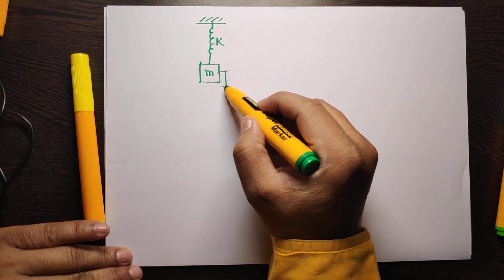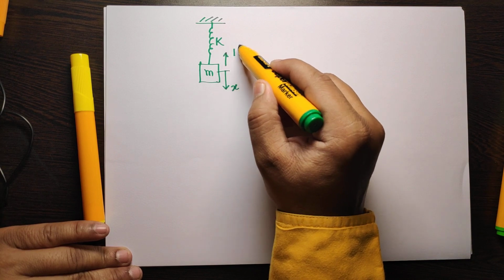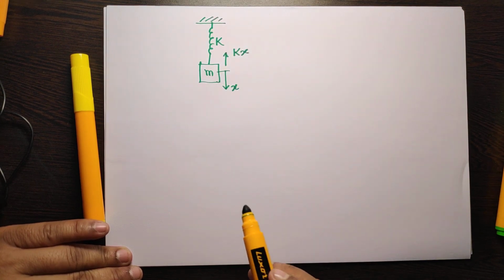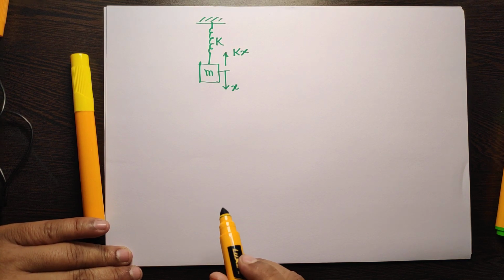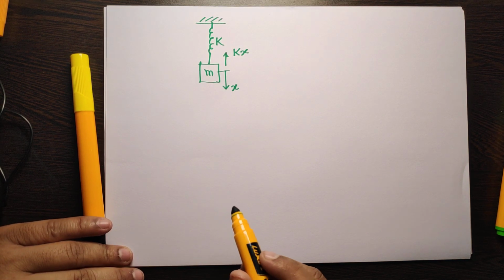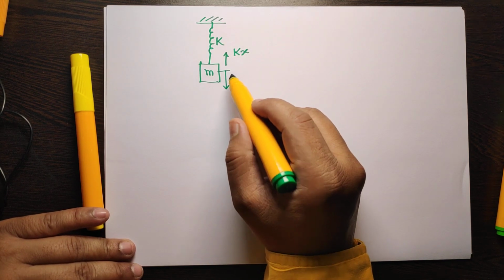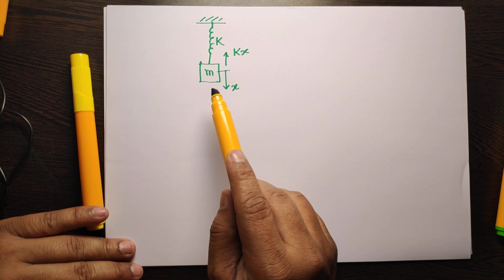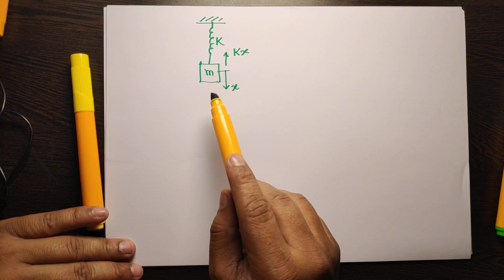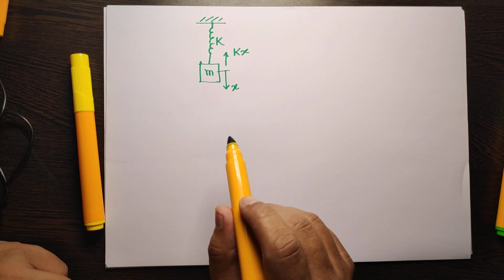If you displace it by x, the unbalanced force is provided by the spring force kx, where x is the extension in the spring from the mean position. As it oscillates, due to the viscosity of air there is an opposing force, known as the damping force.